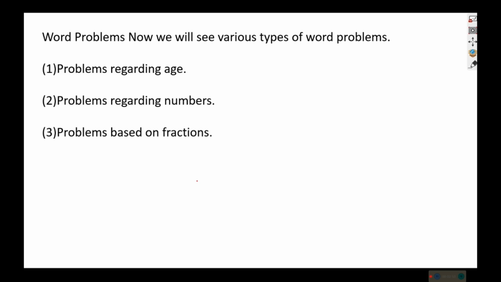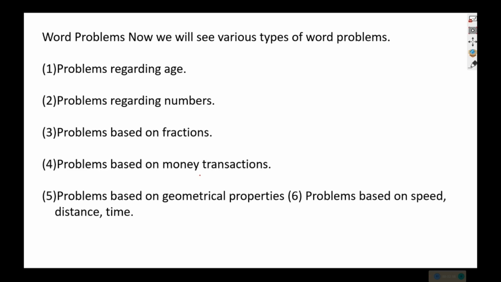The word problem, for your information, can sometimes be related to age, sometimes simply numbers, sometimes based on fractions, or on money transactions, or on geometrical properties, or anything such as speed, distance, time, anything can come. Whichever is coming, our idea is converting that problem into a suitable equation, where we have the idea of a linear equation in one variable and two variables.